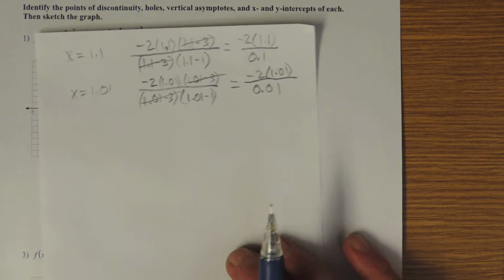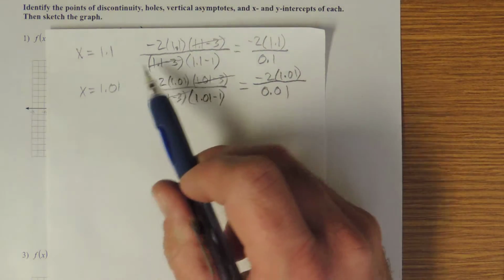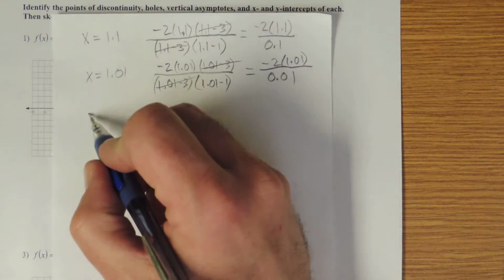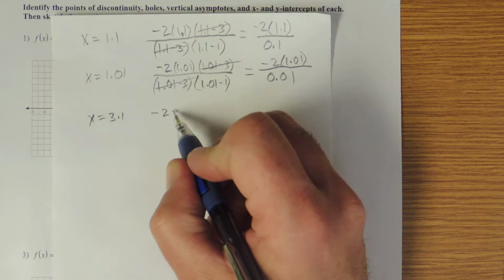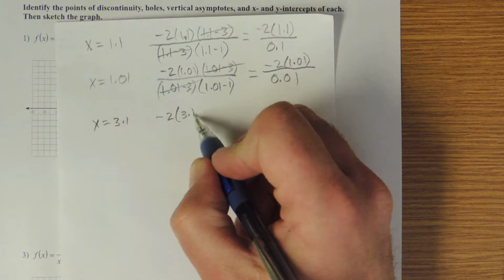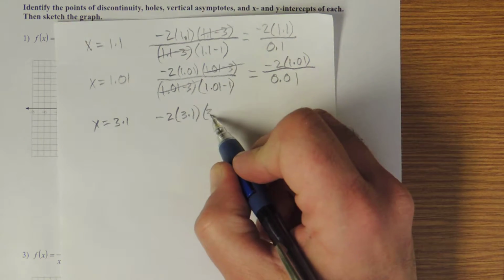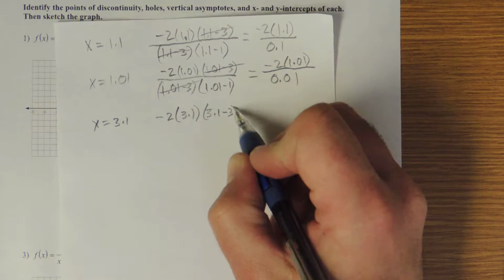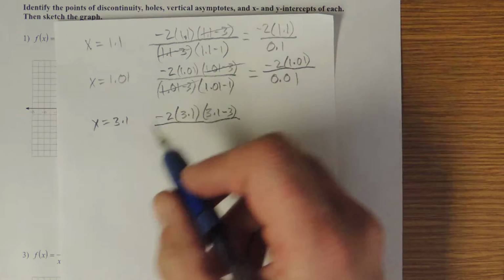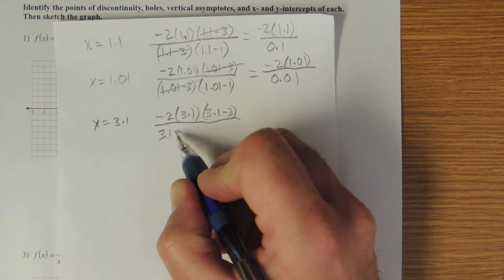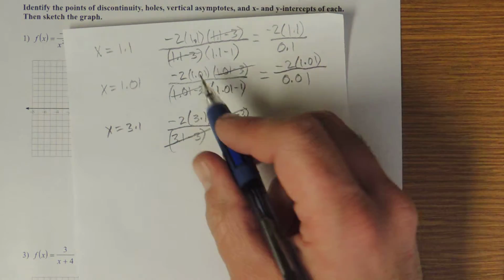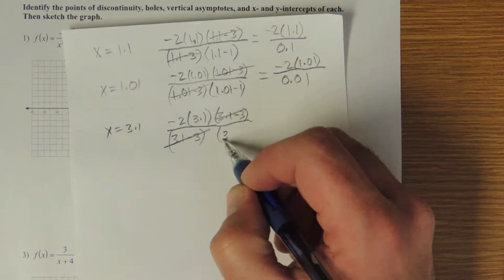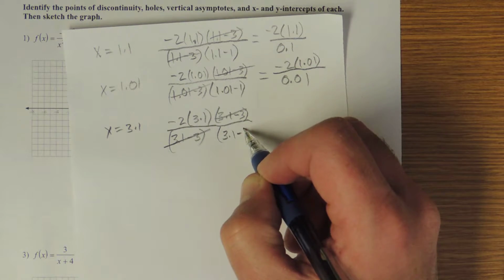If I go back and look at this, where x is getting close to 3, I have negative 2 times 3.1 times 3.1 minus 3 divided by 3.1 minus 3. Those will cancel. Then I have 3.1 minus 1.